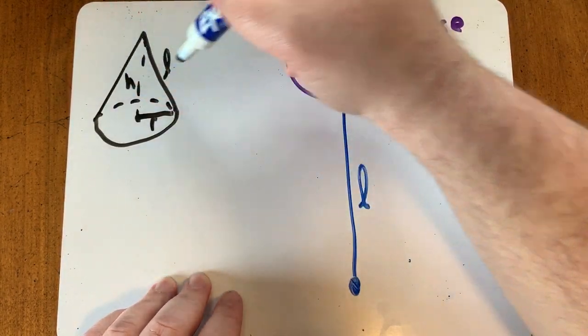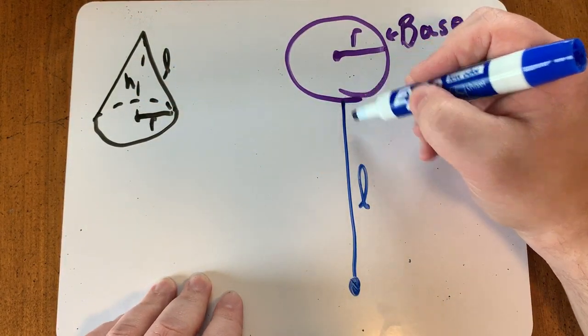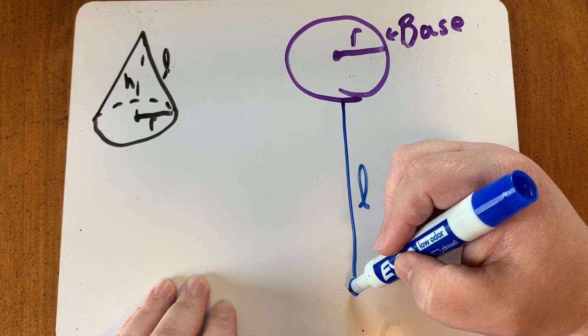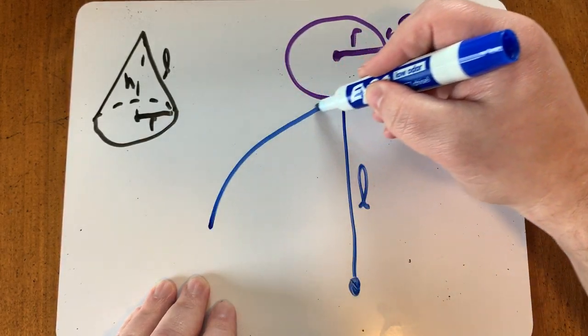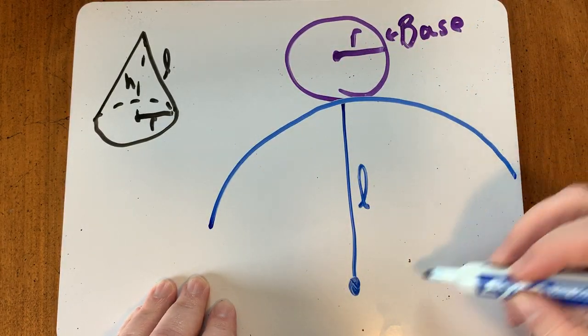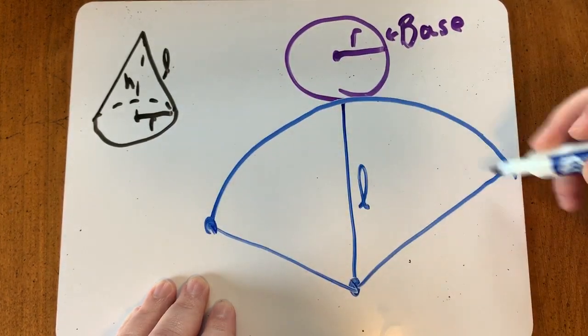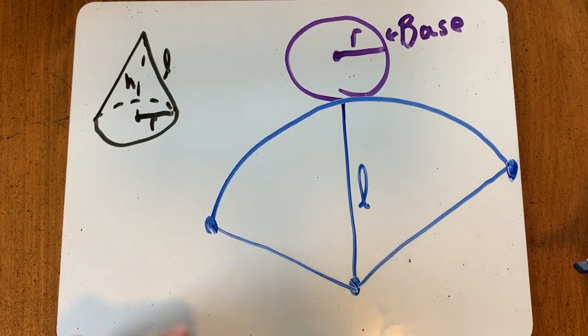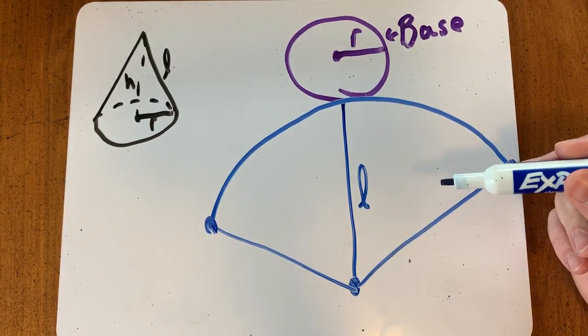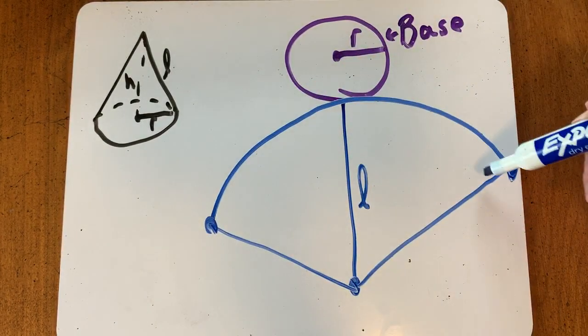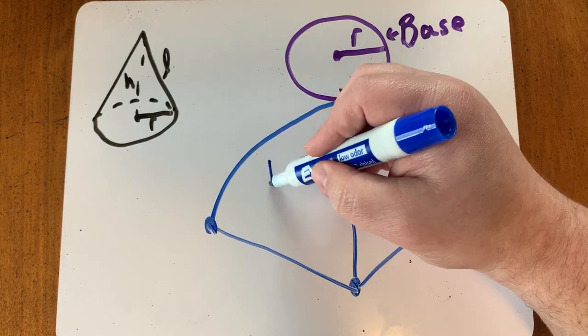And it's just a bunch of points that are that distance from that. So this is the shape of our lateral surface.